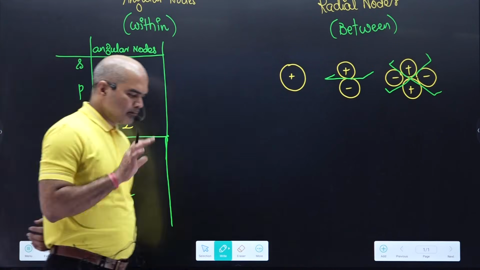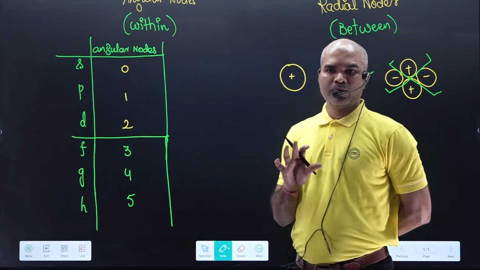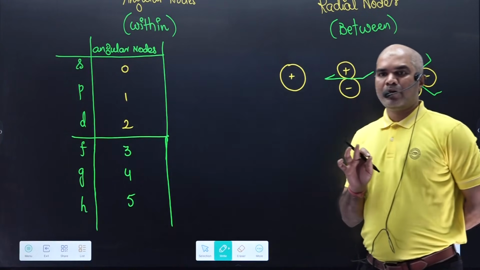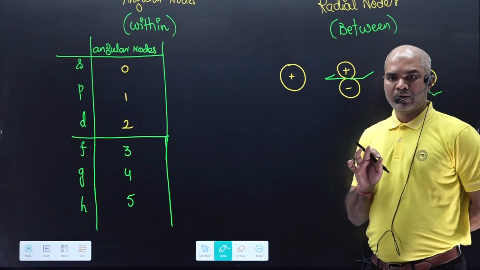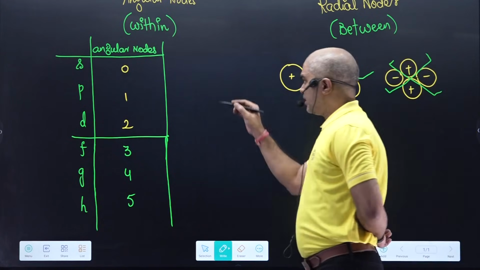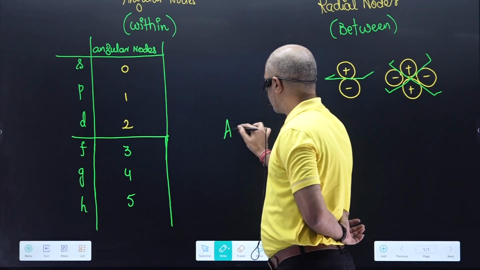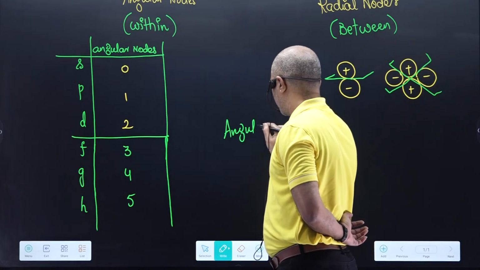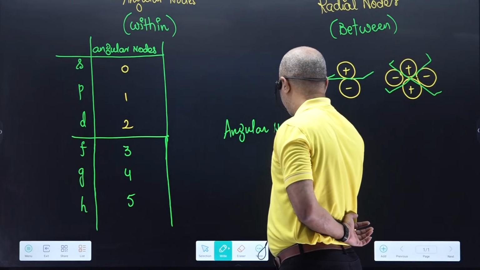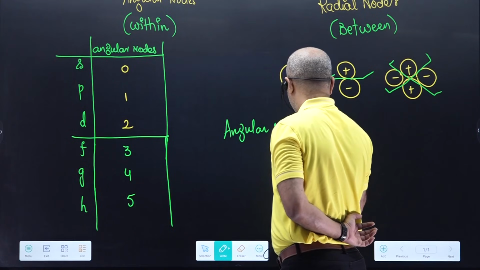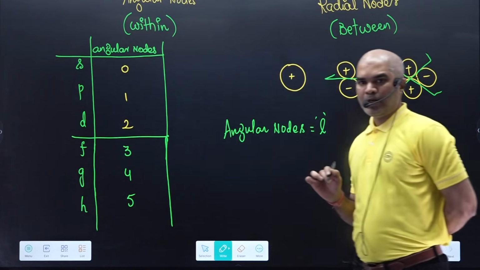If I ask you for a simple formula, how many angular nodes are there for a given orbital, how do you define it? The number of angular nodes is equal to l.